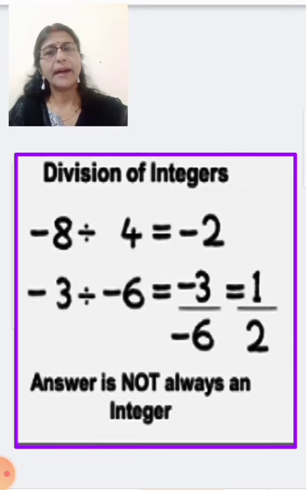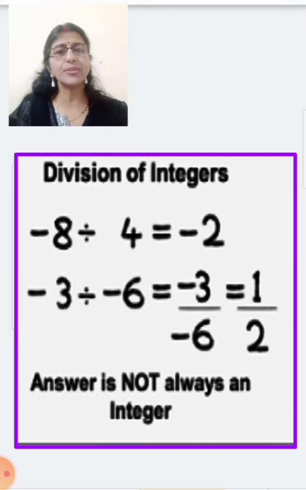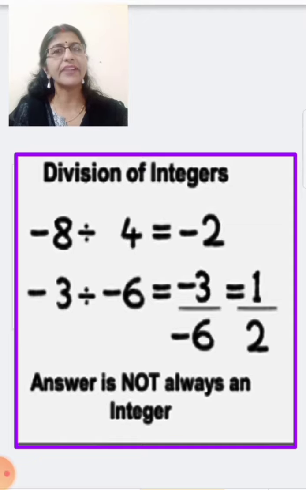-3 by -6, that means -3 is written in the numerator and -6 is written in the denominator. When we divide these two integers, we get the quotient 1/2. That means half, and half is a fraction. So can you say a fraction is an integer?